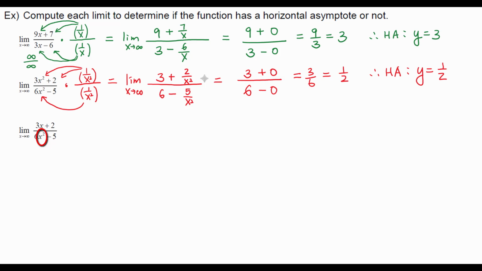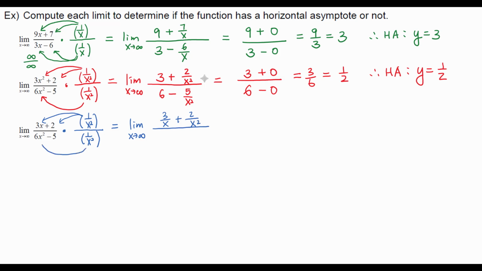So again, we're going to multiply by quantity 1 over x squared over 1 over x squared. Then that will give me the limit as x approaches infinity of, now when you multiply with this one, x cancels, so you get 3 over x. And when you multiply the second term, 2 times 1 over x squared gives you 2 over x squared.